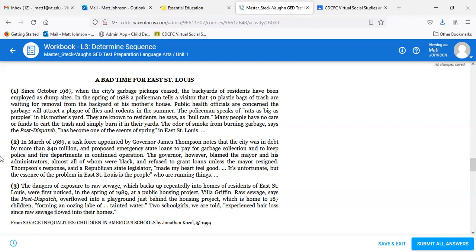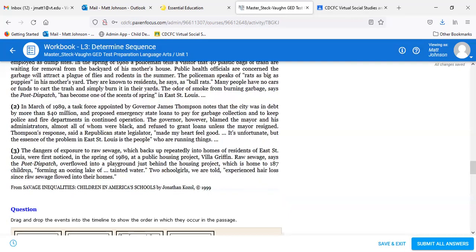Raw sewage, says the Post-Dispatch, overflowed into a playground just behind the housing project, which is home to 187 children, forming an oozing lake of tainted water. 2 schoolgirls, we are told, experienced hair loss since raw sewage flowed into their homes. All right. And I think actually that's like a continuous problem with St. Louis, is their garbage pickup.